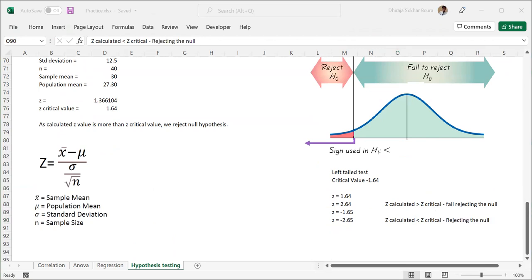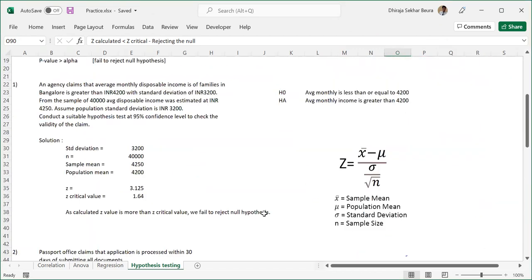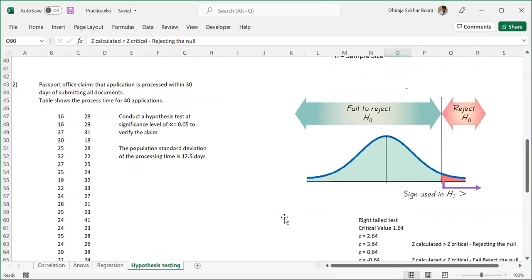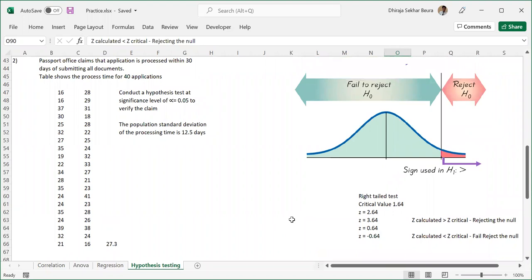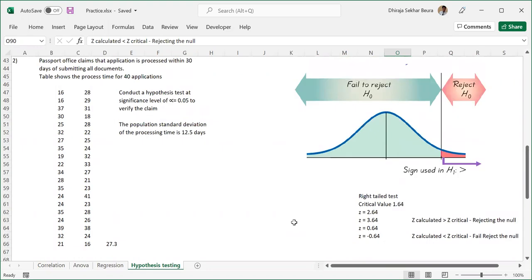Now, why did this come into picture? Because when we try to figure out whether we reject the null hypothesis or fail to reject, we need to know which tail test it is. Accordingly, we can compare and take a call.